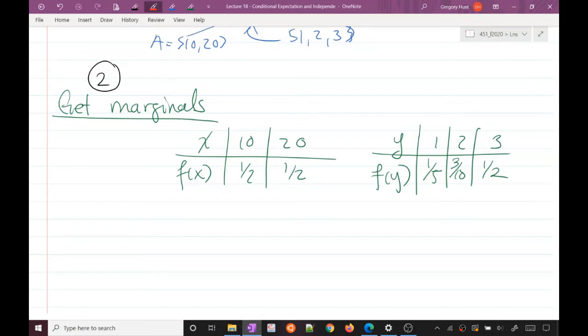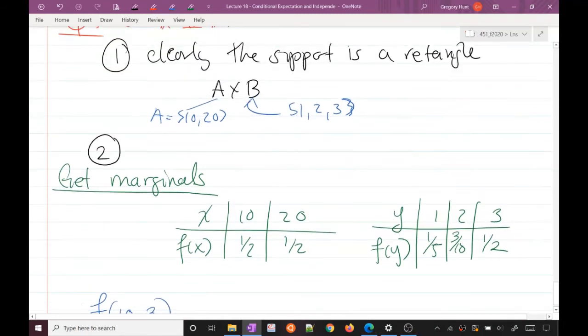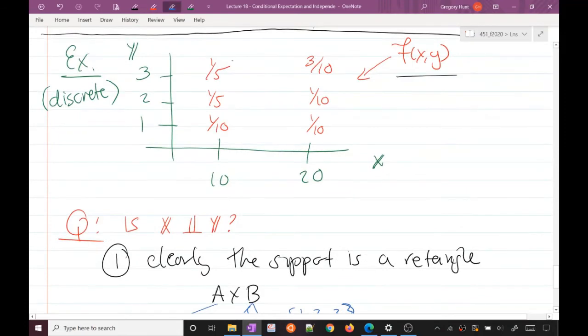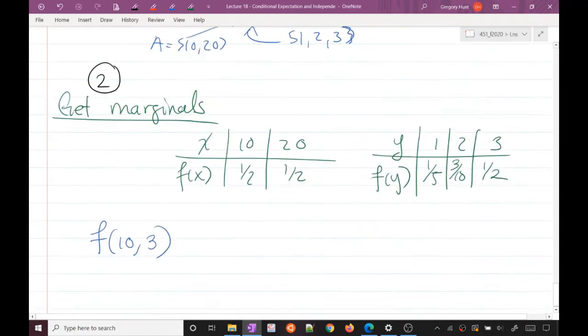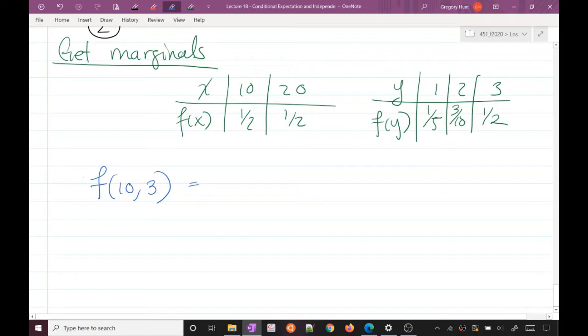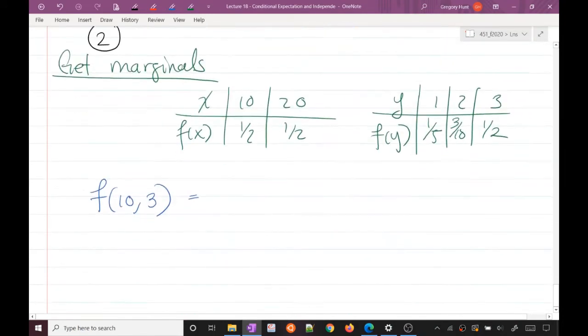So if I wanted to check this, if I want to show they're not independent, all I have to do is find a counterexample where the product of the marginals does not give me the joint. And so, for example, if I look at f of 10, 3, that is here, that's 1/5.